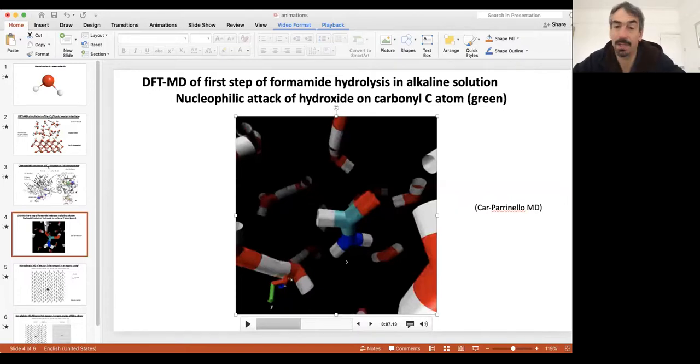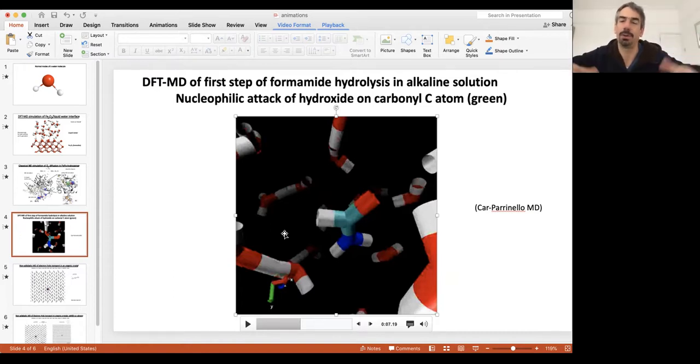And this formamide here is in aqueous solution. So you can see lots of water swimming around. That was actually a molecule in a box of 32 water molecules, periodically replicated. You know what periodic boundary conditions are, right?